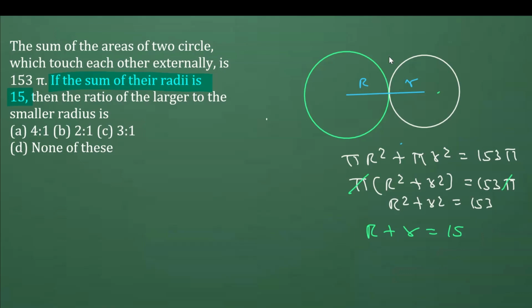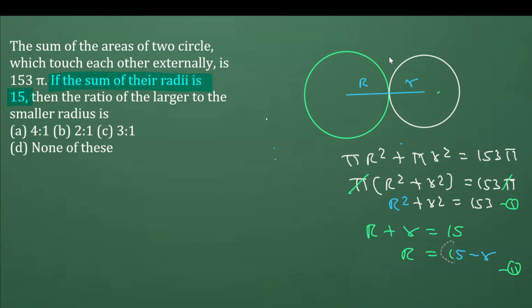I'm going to replace this. First of all, I can obtain capital R as 15 minus small r. Now check this one, I marked this as 1 and this as 2, and I'm going to replace this capital R with the value we just obtained as 15 minus r.